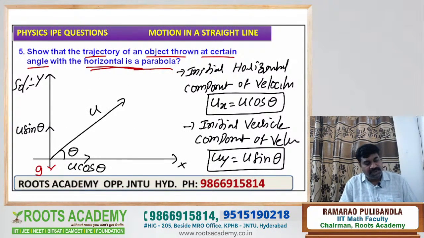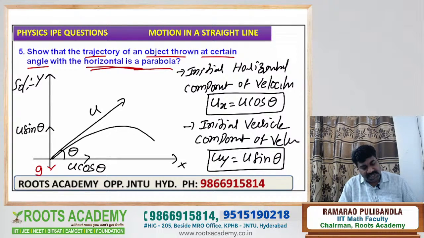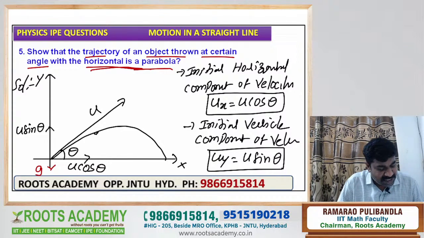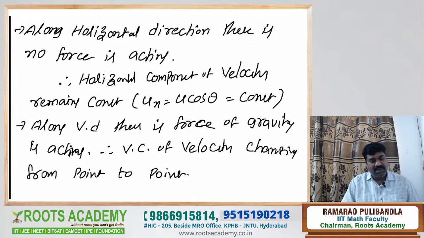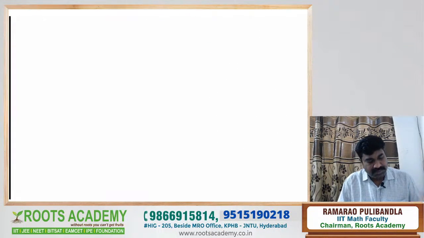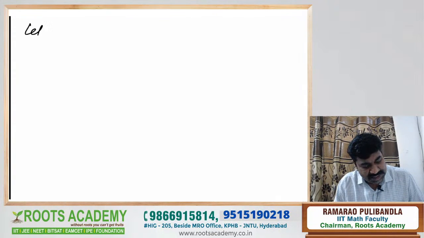Now when the body is projected, we want to show that the path of the projectile is a parabola. For example, let us consider the particle reaches the point P of x comma y after t seconds.